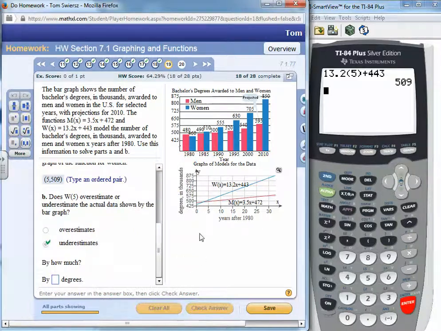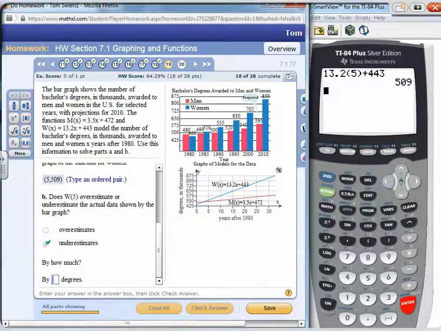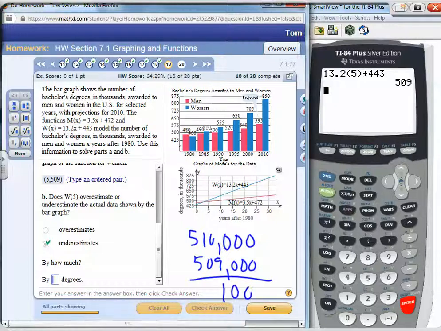And by how much? Again, we got 509. They say it's 510. So by 1, but remember it's thousands. Be careful, I was going to put in 1. So 510 is the answer in the chart, 509,000 was our answer, so it's off by 1, but it's really thousands, so it's off by 1,000 degrees.